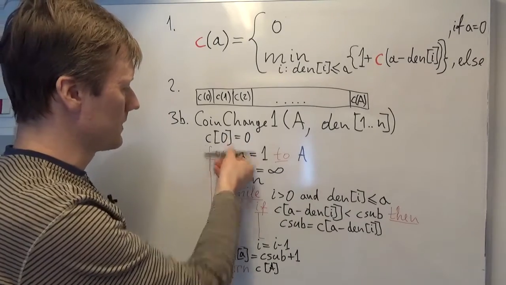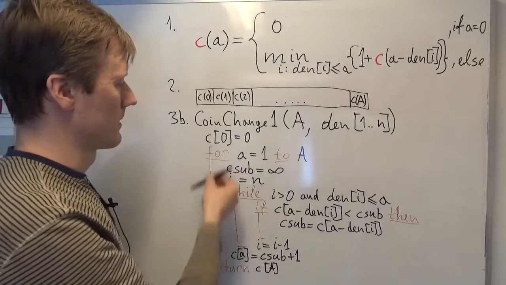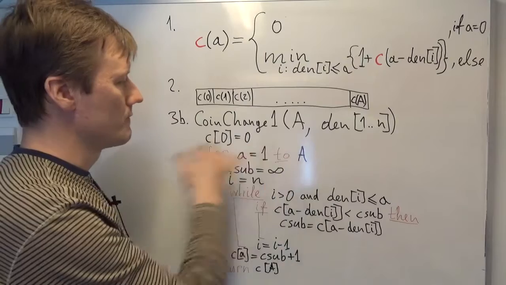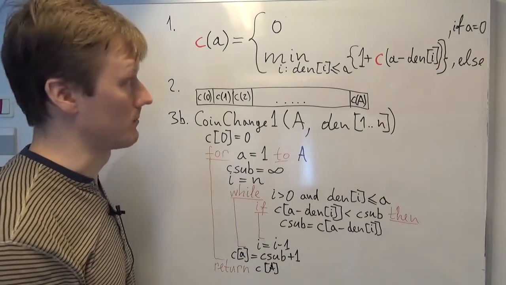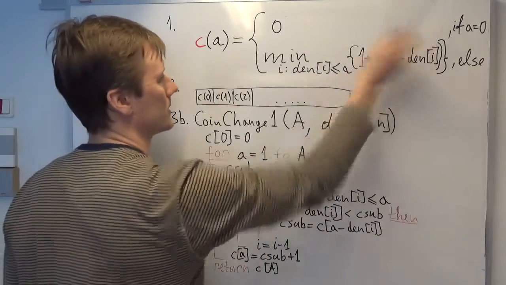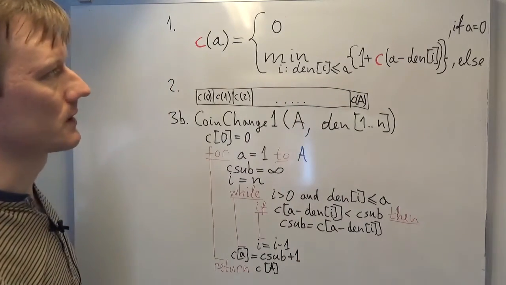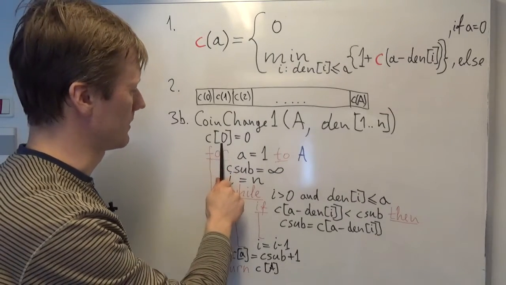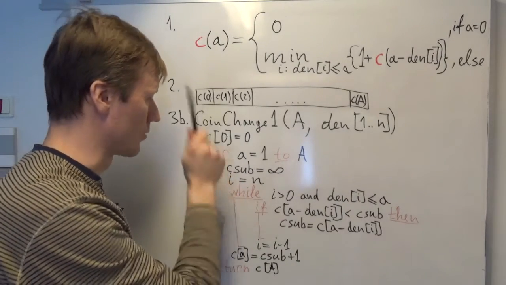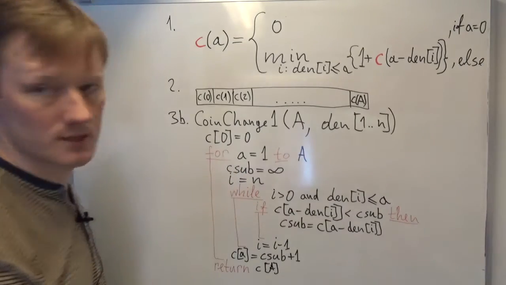First, in these kinds of bottom-up algorithms, we fill out the solutions of trivial subproblems. In this case, we have only one such trivial subproblem, which is to change 0 krona. And to do that, we need 0 coins.